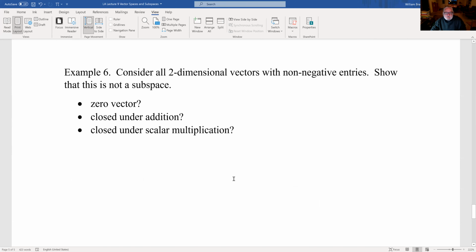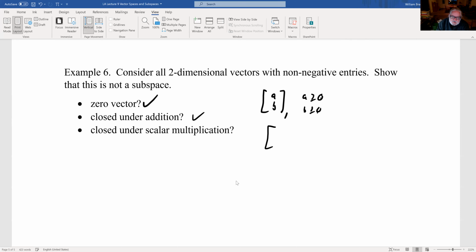Next, all two-dimensional vectors with non-negative entries. So this is not a subspace. This is A, B, all vectors with A greater than or equal to 0, B greater than or equal to 0. Is the zero vector one of those? Yes, because if we have A equal to 0, B equal to 0, that gives me the zero vector. Is it closed under addition?